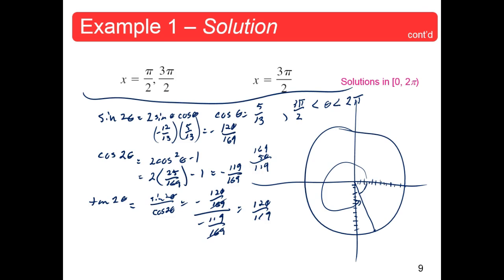What quadrant do you wind up in? Third. And what's the sine in the third quadrant? Negative. What's the cosine in the third quadrant? Negative. What's the tangent in the third quadrant? Positive. Look at that. That puts you right about there, close to 45, not quite, but awfully close to 45. That looks reasonable, doesn't it? So I would say we probably did that okay.